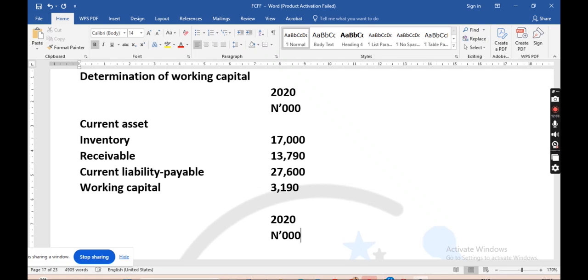Sorry, I thought we would take the changes in the 2020 working capital. We are going to pick 2021, the changes in working capital, the increase. Okay. 2022. I'm coming, please. And 2023.